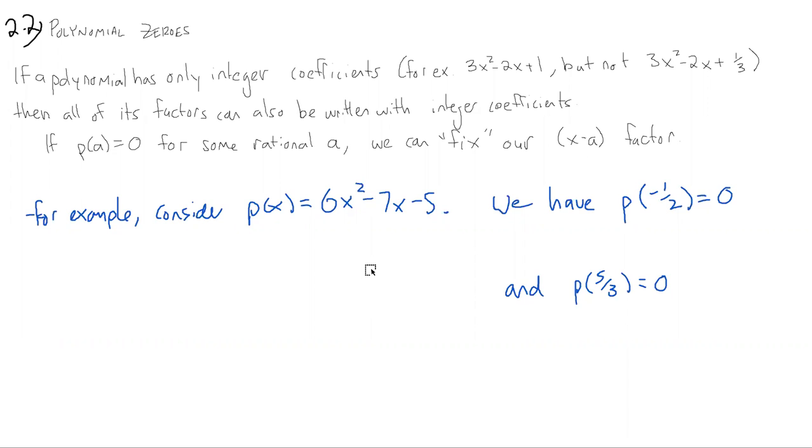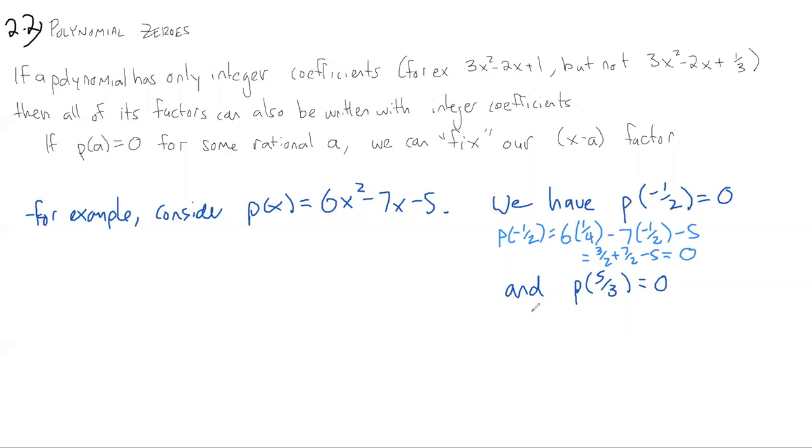I'm telling you there are 2 zeros here. We can double check my work if you don't trust me. If I plug in -1/2, I should get 6 times 1/4 minus 7 times -1/2 minus 5. So that gives me 3/2 plus 7/2, which is 10/2, minus 5, so that should give me 0.